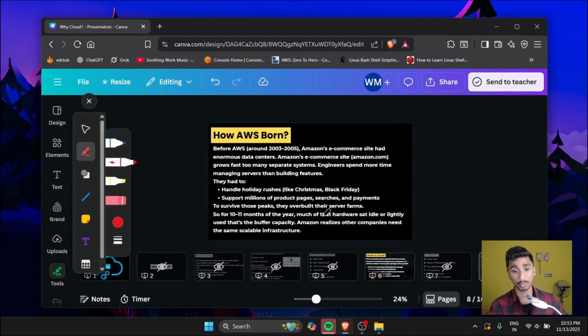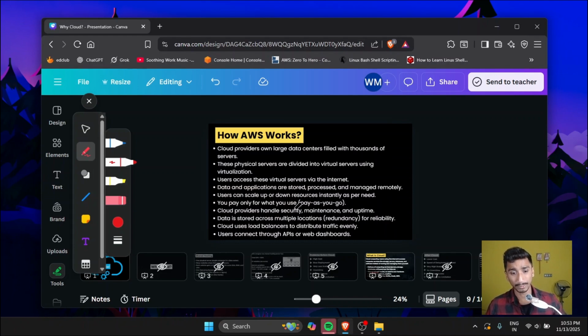So they launched AWS in 2006 with S3 storage and EC2 instance. S3 means Simple Storage Service, and EC2 means Elastic Compute Cloud instance. I will explain all of this in the next few videos.